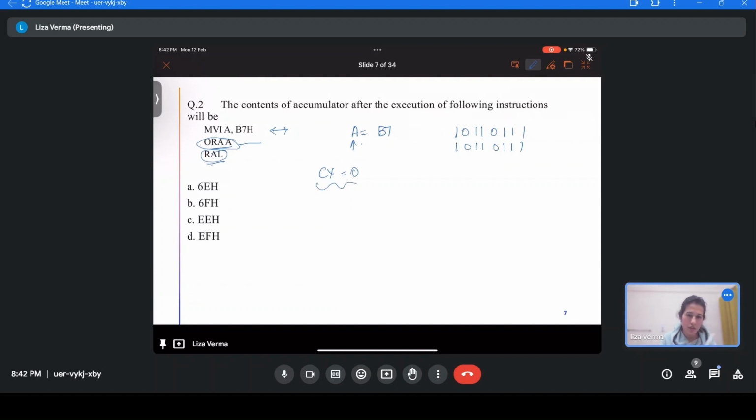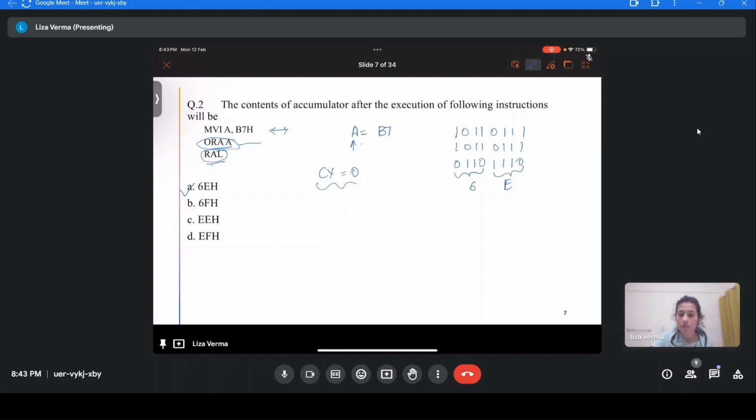Everything will be shifted to left: 0 1 1 0 1 1 1 0, which gives us 0110, which is 6, and 1110 is E. So the answer is 6EH, right? Any confusion regarding this?